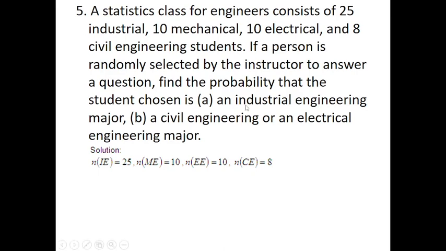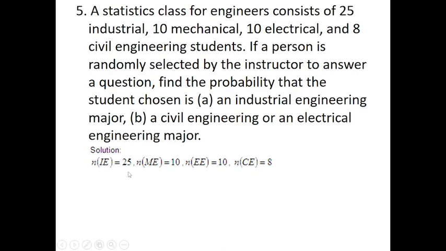So, find the probability that the student chosen is an industrial engineering major. So, what's the chance that the selected student is an industrial engineering major? Una, we have to determine how many IE students we have, and we have already the answer, 25.